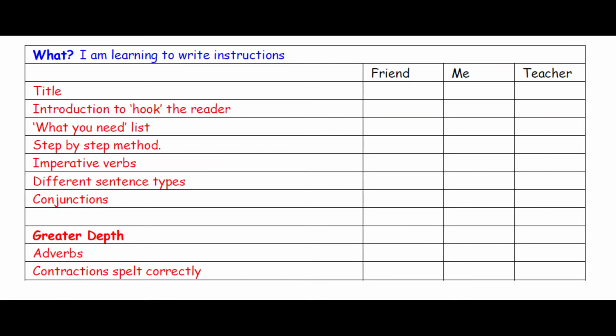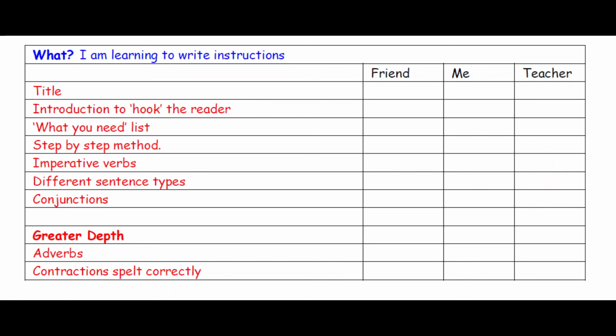So now it's over to you to write your step-by-step instructions. Okay, so make sure you use all the different steps from your plan to make sure that you don't miss anything out. When you have finished, you can have a look at our success criteria, or our how. This is how you can be successful at this piece of writing, and see if you have included everything.